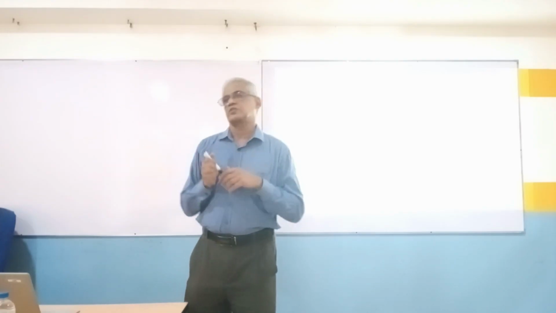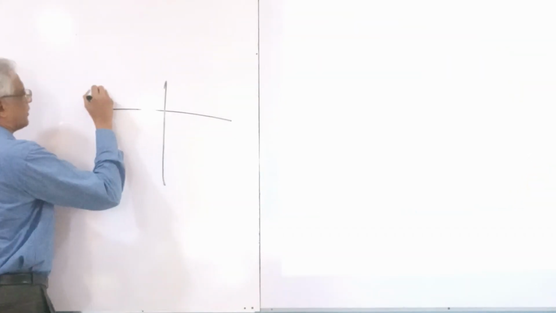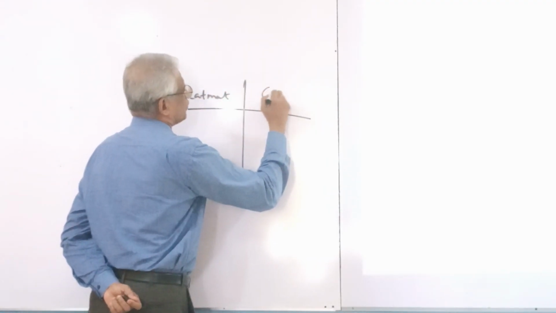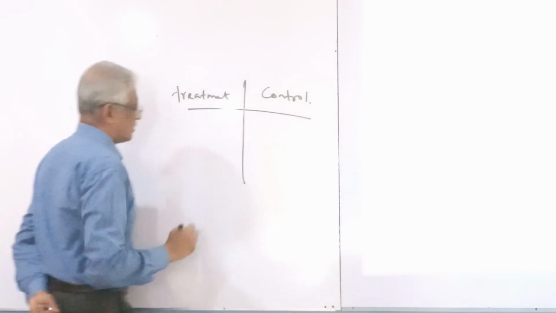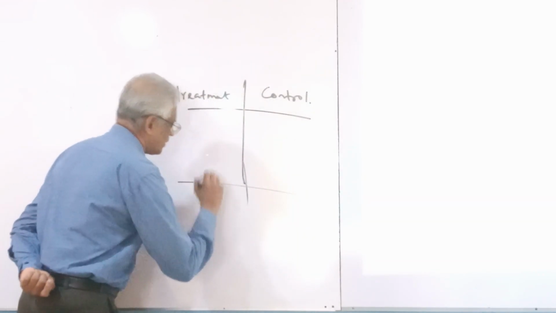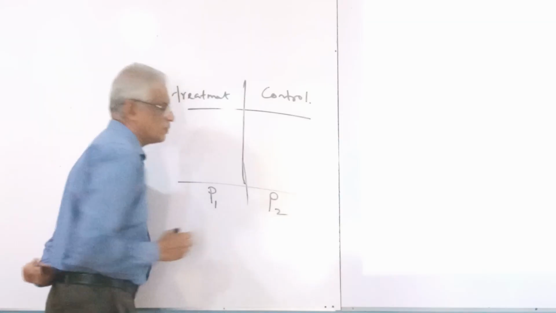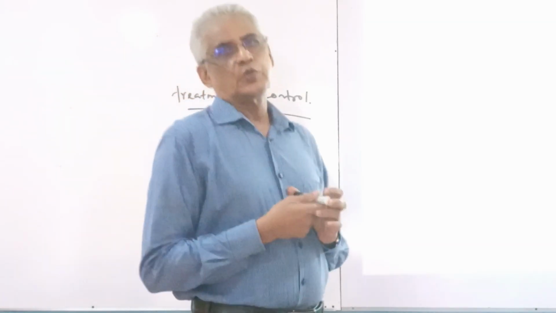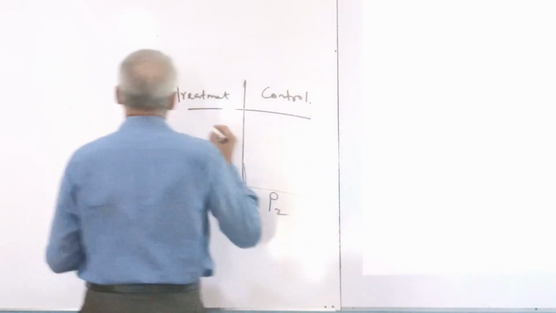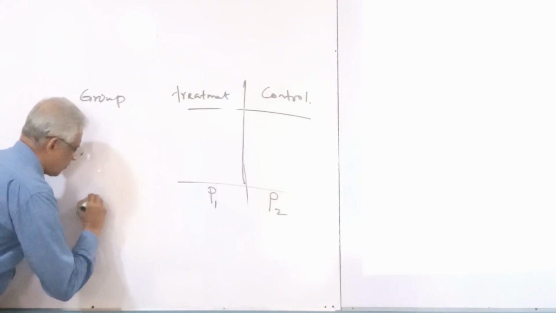What do you mean by association? So you have two groups, right? Treatment group and control group. At the end, you have the result. Suppose you find out the proportion of people who get polio is P1 here, and the proportion is P2 here. So when do you say there is an association between the group and the outcome?